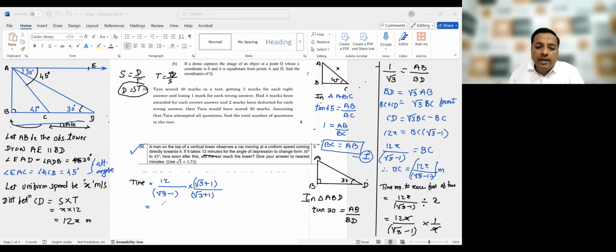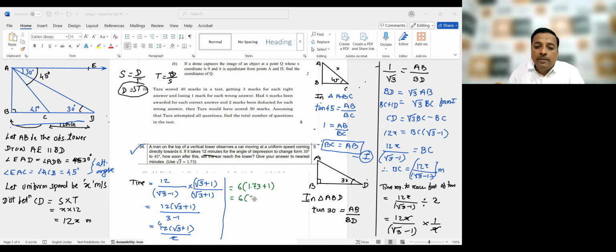So numerator directly I will write 12 (√3 plus 1) and denominator you will get √3 ka square 3 minus 1. Then you will get 12 (√3 plus 1), denominator contains 2, 2 ones are 6. Now you have 6. Value of √3 given already 1.73 plus 1.